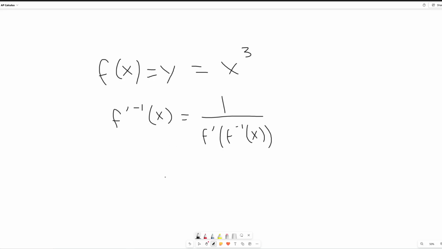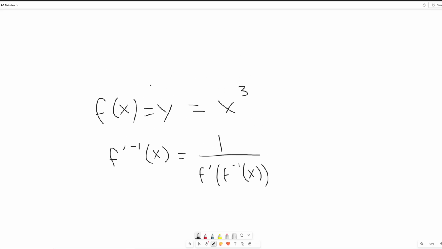So if you took f of x equals 2, right? 2 cubed equals 8. So that means the inverse of 2 would equal 8.